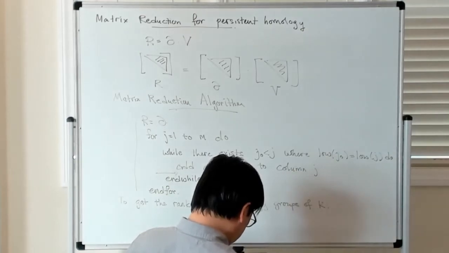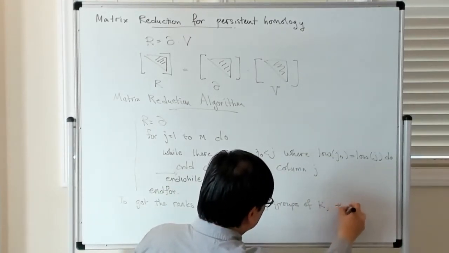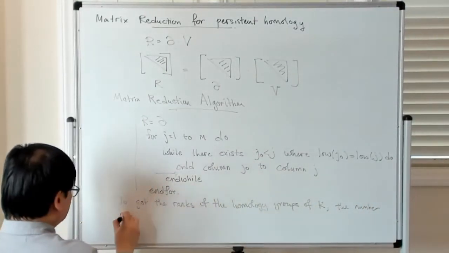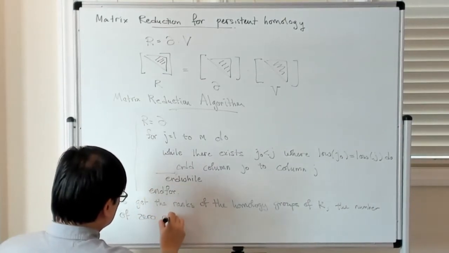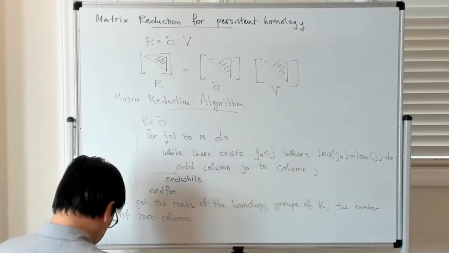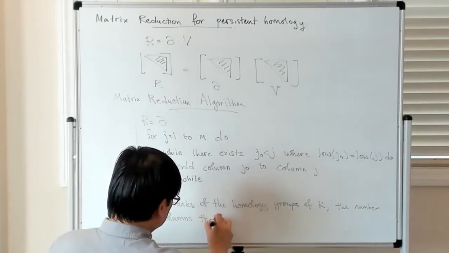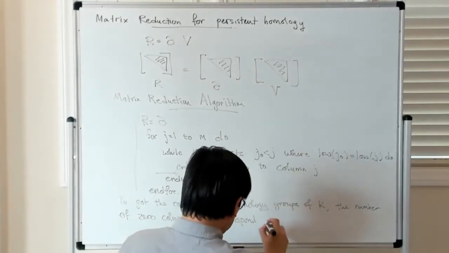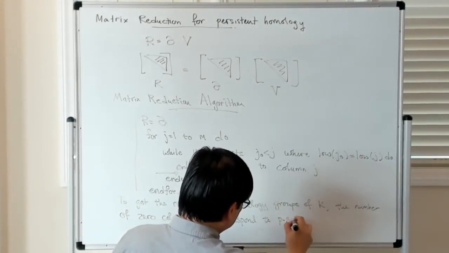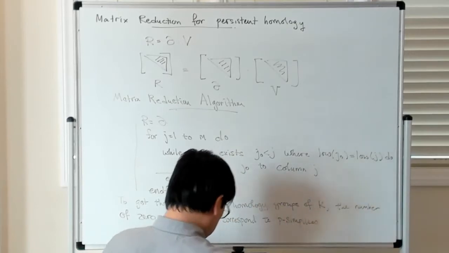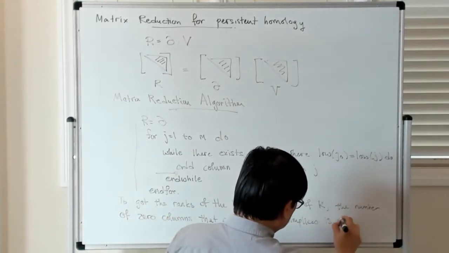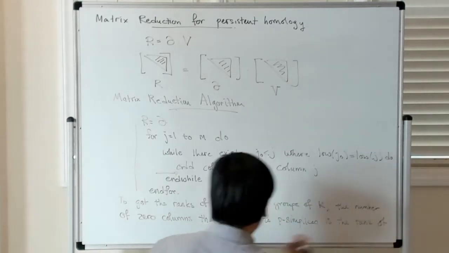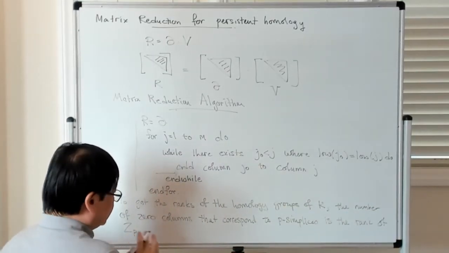what you do is that the number of 0 columns that correspond to P simplices is the rank of the cycle group Z_P.